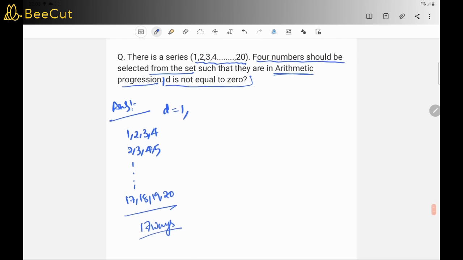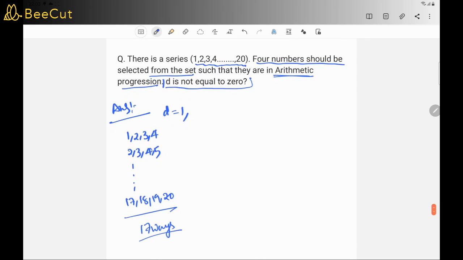Now had the common difference been 2, so it is 1 followed by 3 followed by 5 followed by 7.